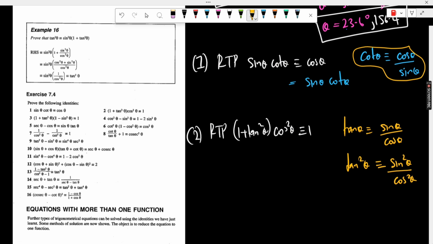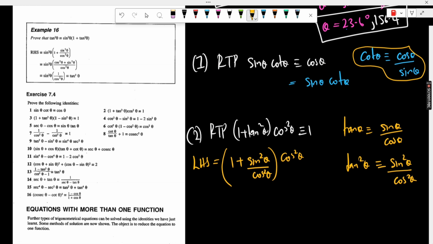So I could say now that the LHS is equal to 1 plus sine squared theta over cos squared theta, and that is to be multiplied by cos squared theta.